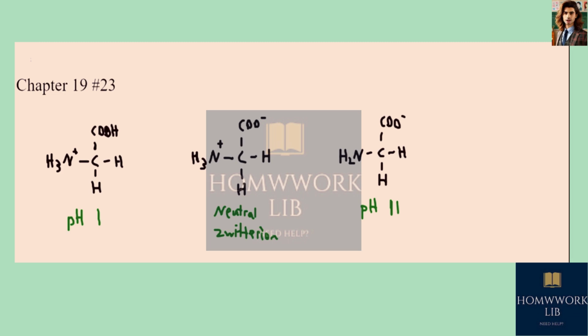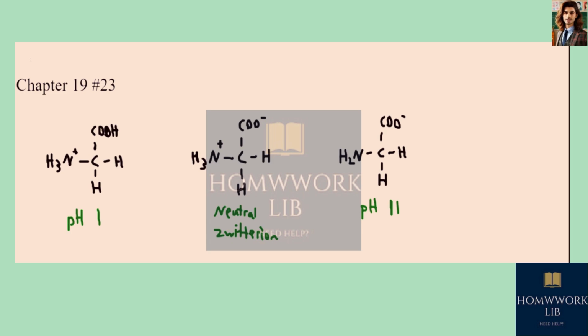And another way to think about that might be that systems want to establish an equilibrium. So how is the amino acid in the solution going to change to try to shift towards equilibrium?